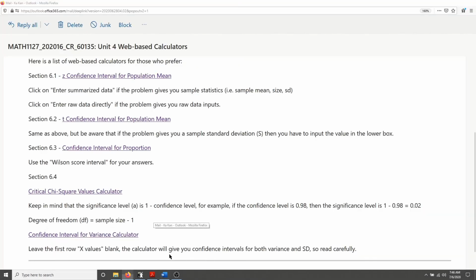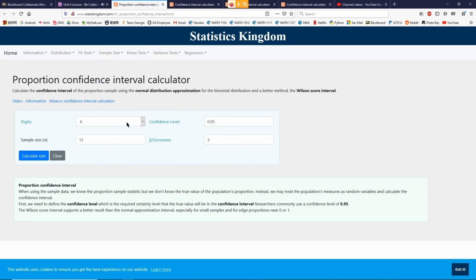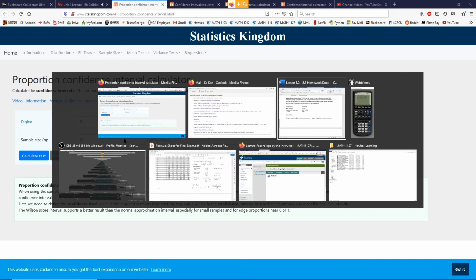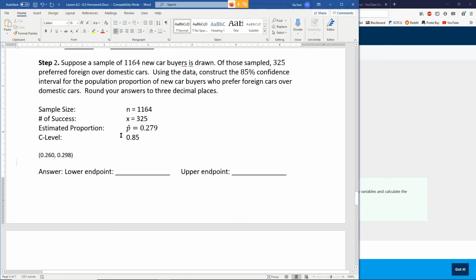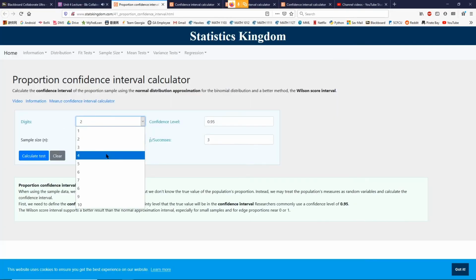Let's try the website anyway, because some of you don't have a calculator. This is the website from the email I sent you. We want 3 decimal places.